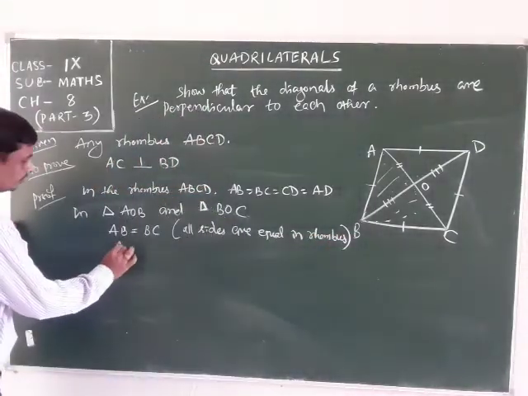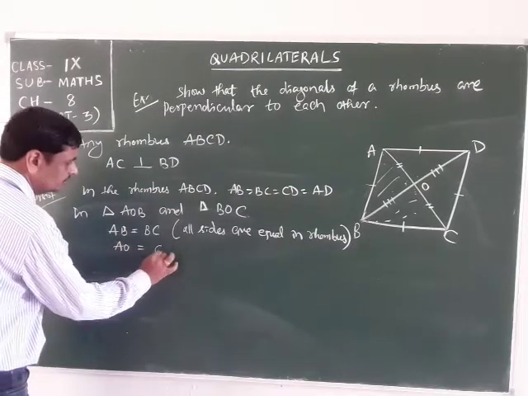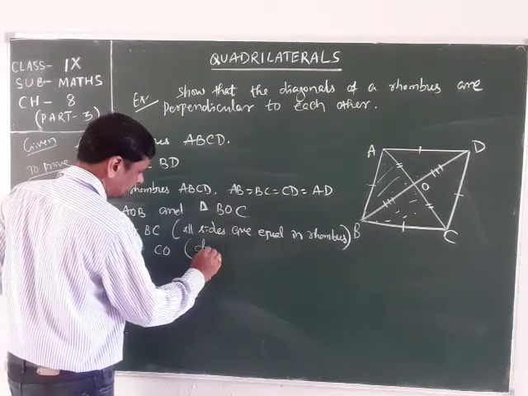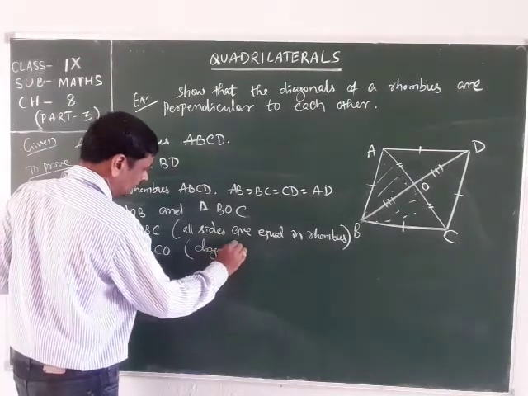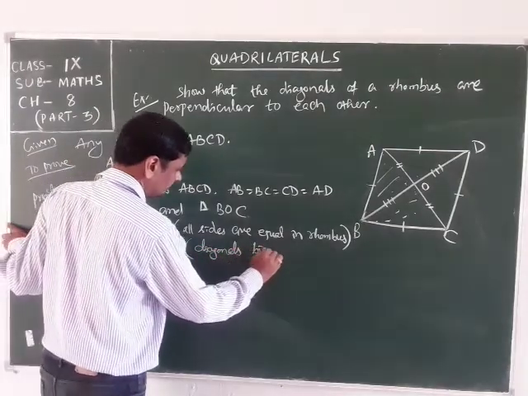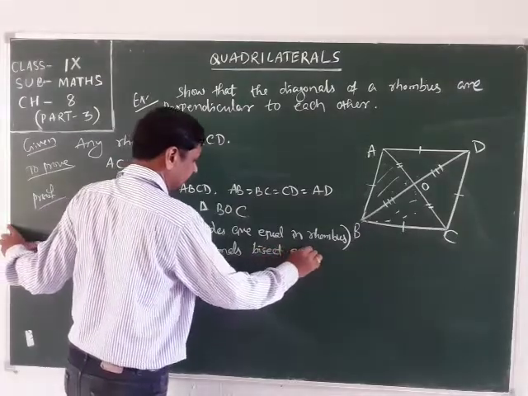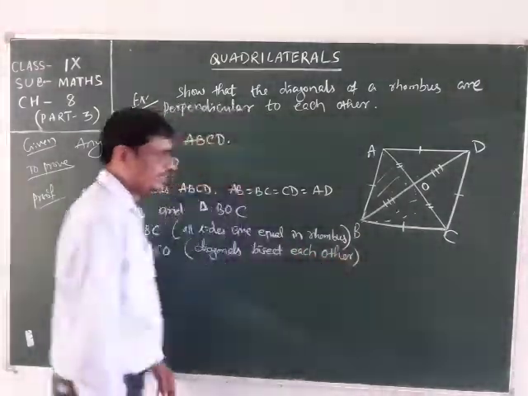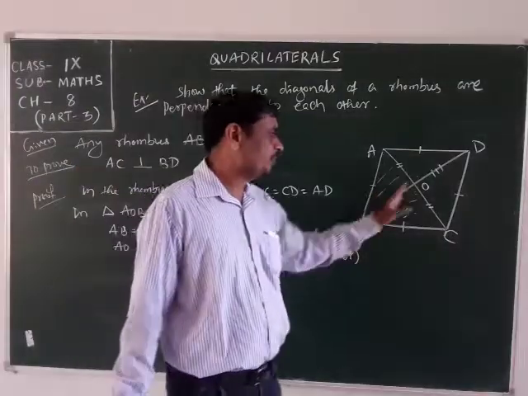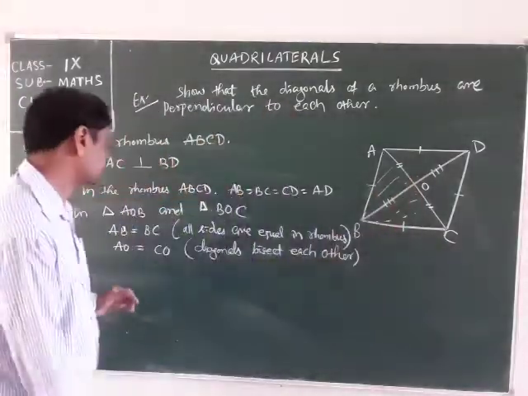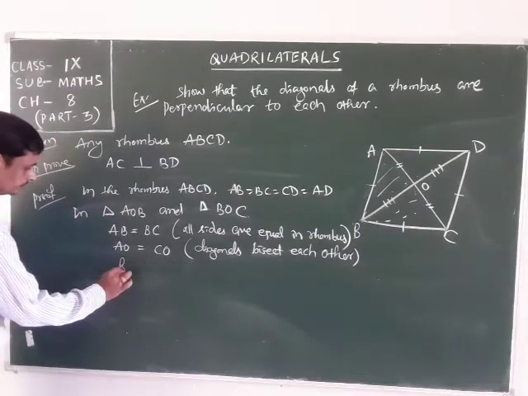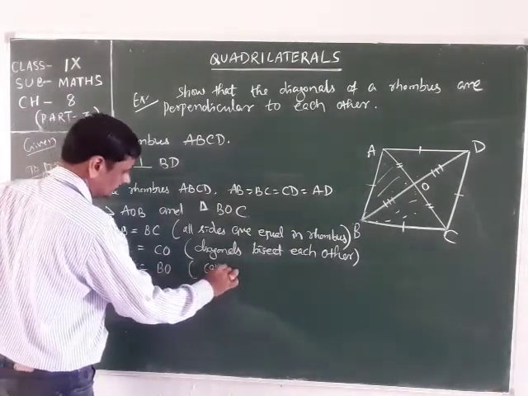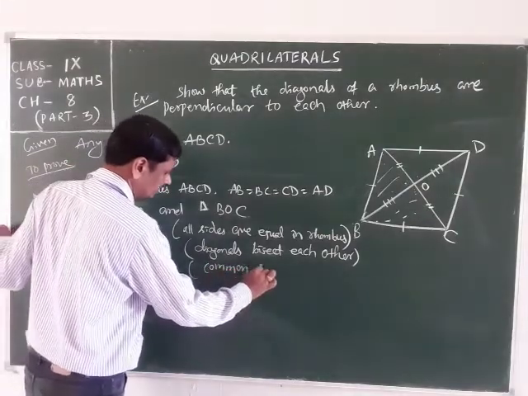Next, AO is equal to CO because diagonals bisect each other, and BO is equal to BO, that is the common side.